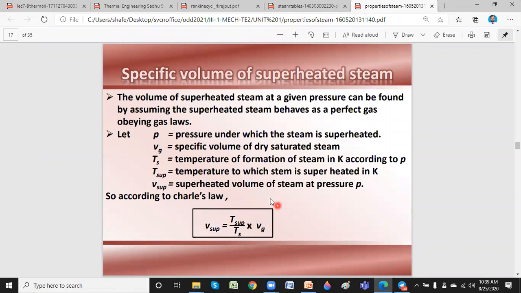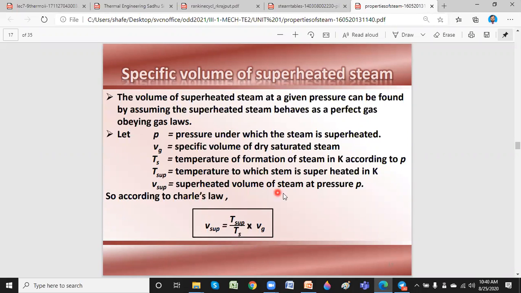I said 150, so 150 plus 273 divided by the saturation temperature 100 plus 273, into Vg, the volume of vapor from the steam tables. So whenever it's a superheated condition, I can find the specific volume of superheated vapor.